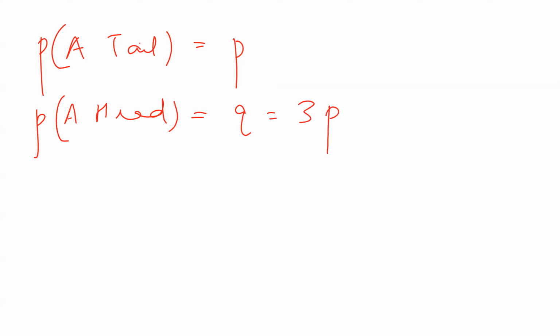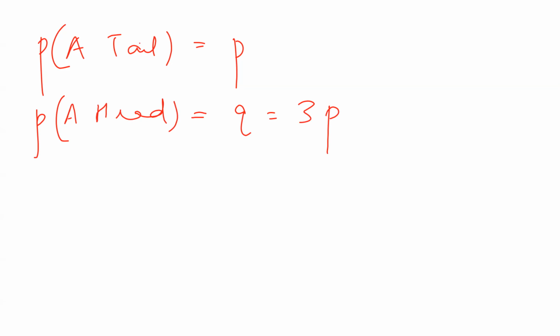Then the probability of getting a head is Q. But they have given in the problem very clearly that the head is 3 times as likely to occur as the tail. So the head is 3P, 3 times the tail. So Q is equal to 3P.